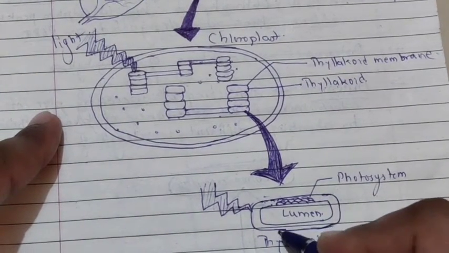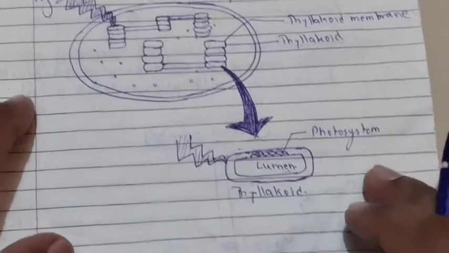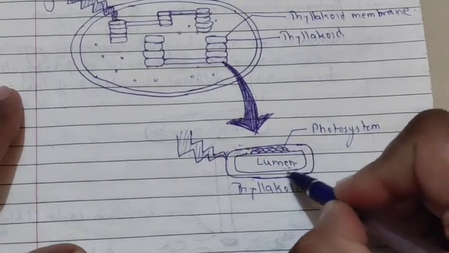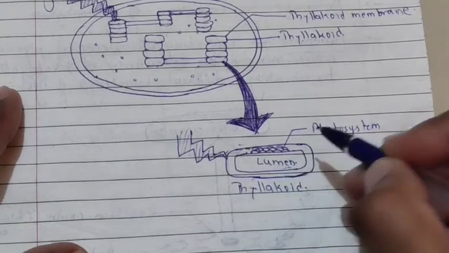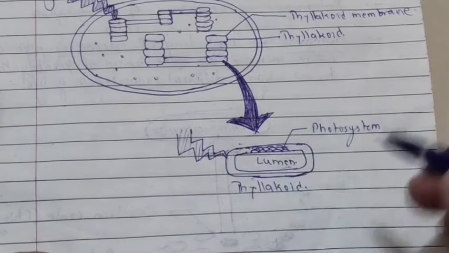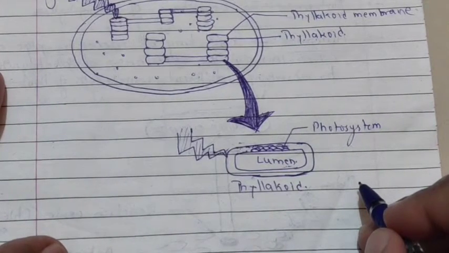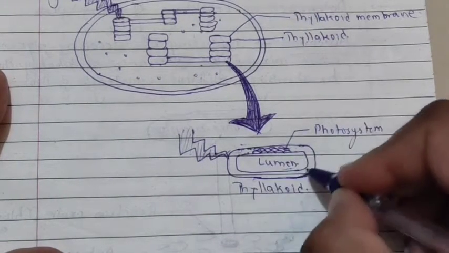Its membrane encloses a space called the lumen. Here the thylakoid membrane has the group of pigments. Where are the pigments present? In the plants, in the leaves, in the thylakoid membrane.